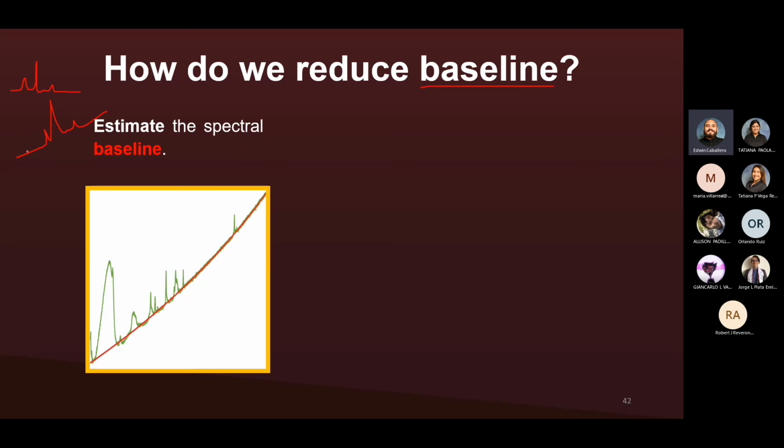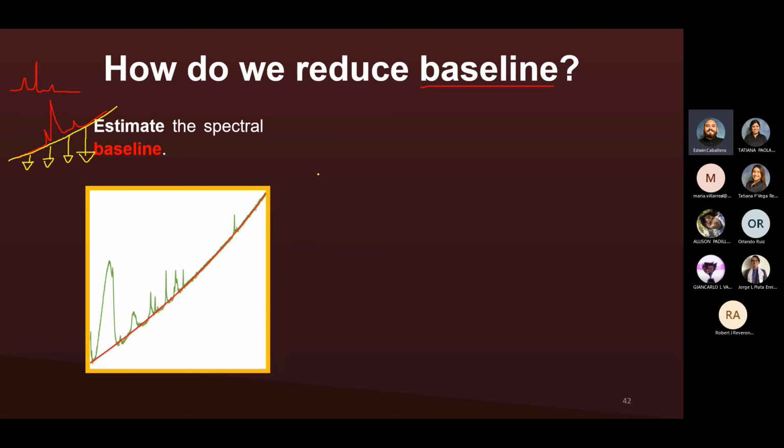What you can do is estimate the baseline of your spectra, and by doing so, you will know specific values, and those values you can subtract from your spectrum, resulting in a flat baseline.